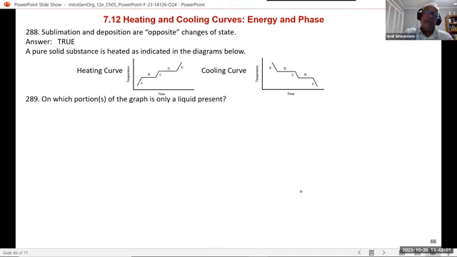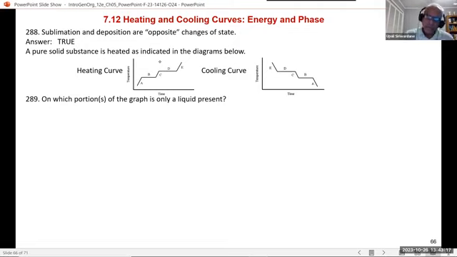A here is a solid. B is melting or fusion. C is a liquid being heated up.